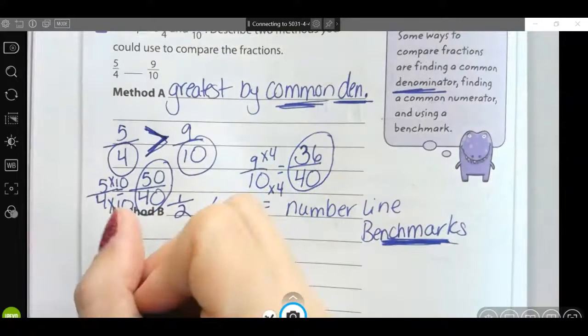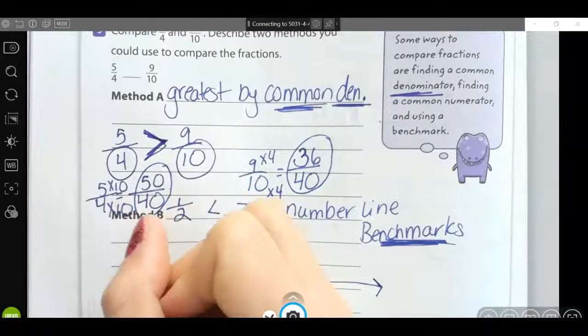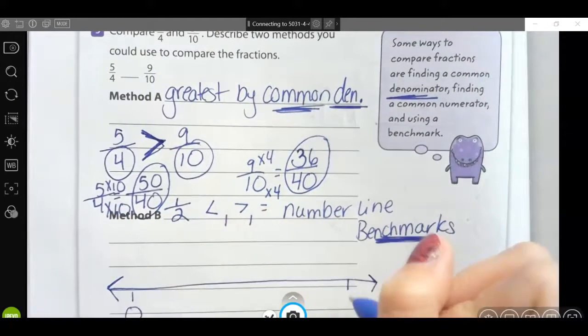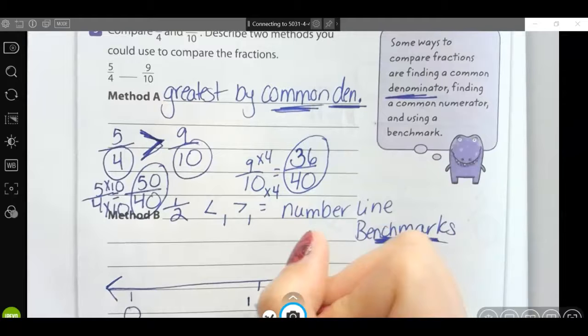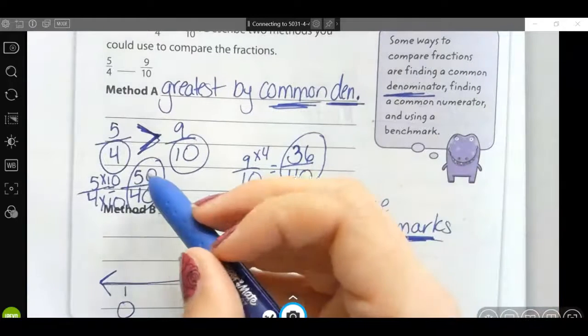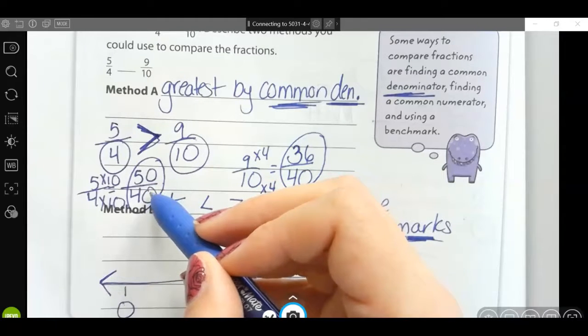Perfect, yeah. So if we were going to use benchmarks and we have our number line, 0, 1, 1/2 is here. Noah is saying that 50/40 is greater than 1 whole. Do you agree with him?